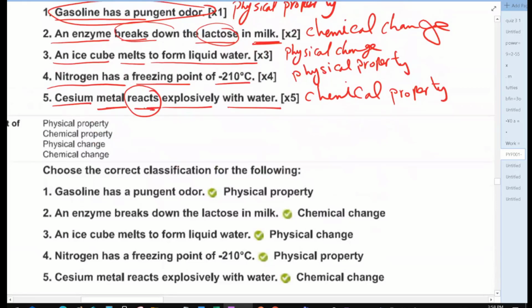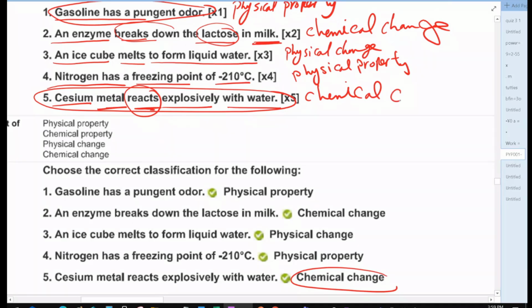But because he says reacts, not. Because here he describes, I think, like he describes a scientific fact, that the cesium reacts explosively with water. So it should be a property. But here he says it's a change. I don't know why.